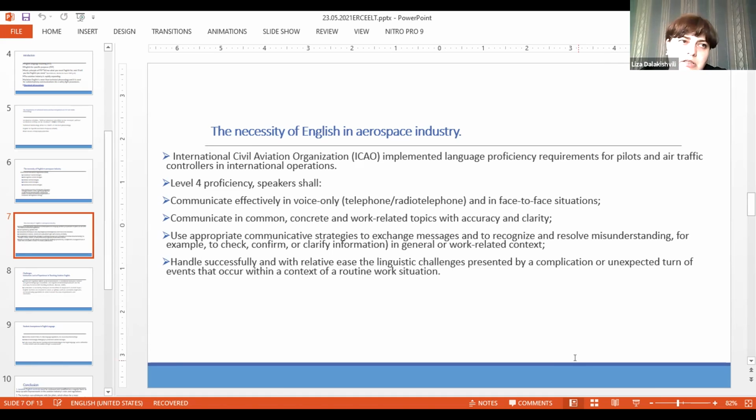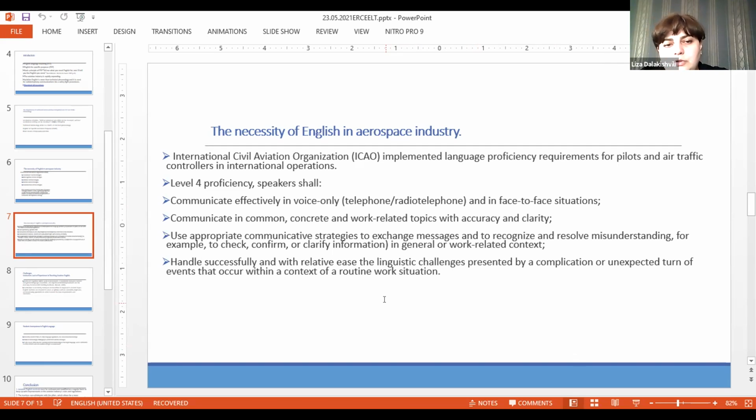But when the conversation is about flight procedures, radio telephony transmissions are more essential than face-to-face situations. Communicating on common, concrete, and work-related topics with accuracy and clarity, as well as clearance, is the most important task.